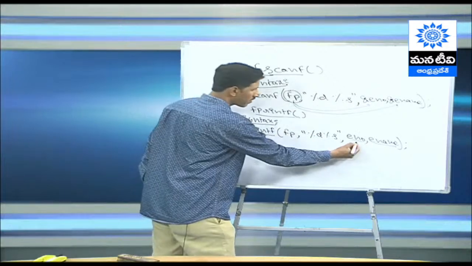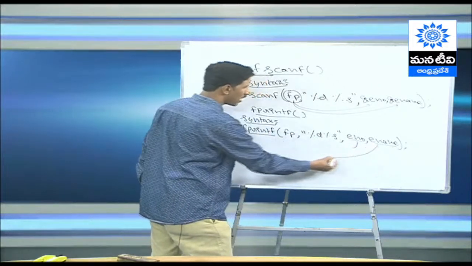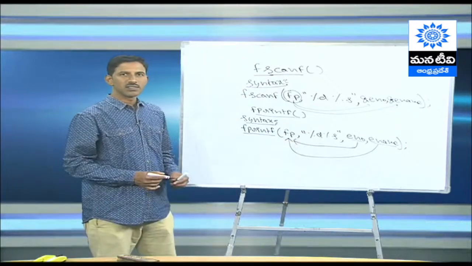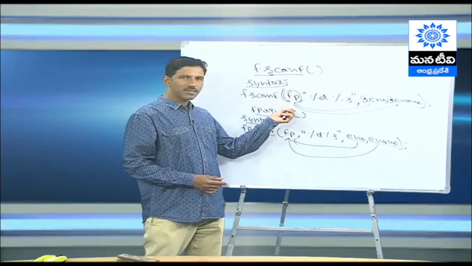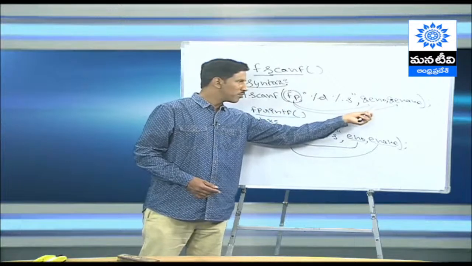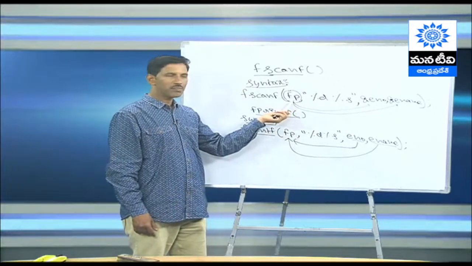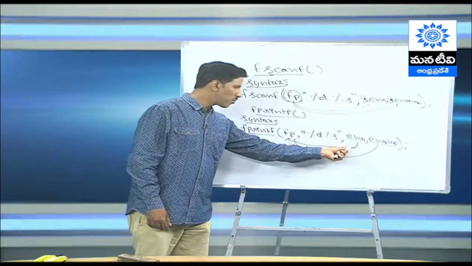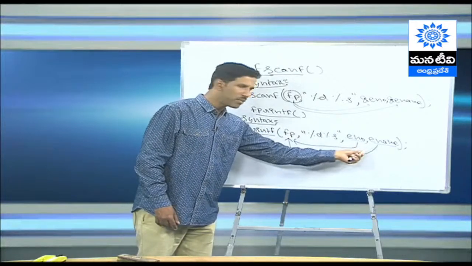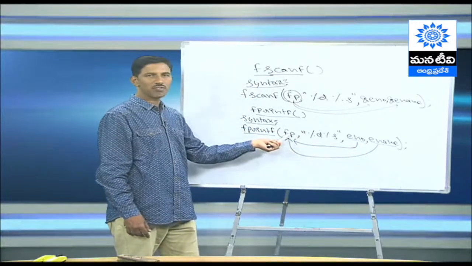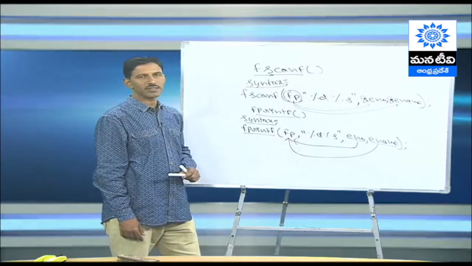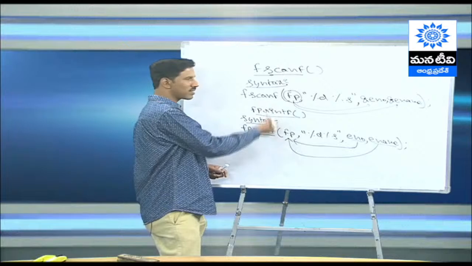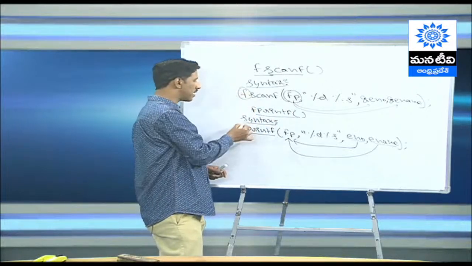But now, whatever variables I created, this data I want to put into the file pointer. In the earlier syntax, employee number and employee name were read from the files. But in this syntax, both variables are printed into the file pointer, sent to the file pointer. Finally, scanf and printf, both syntaxes are similar, with an f added.